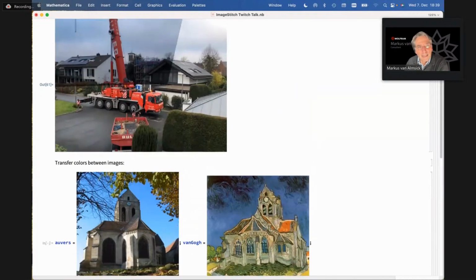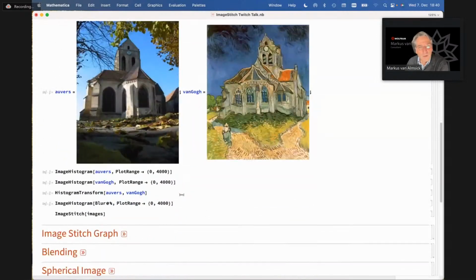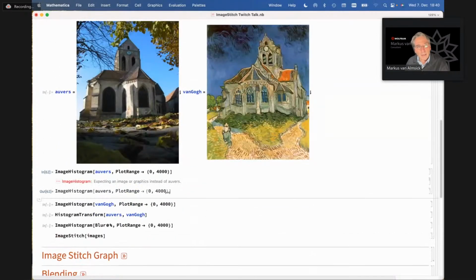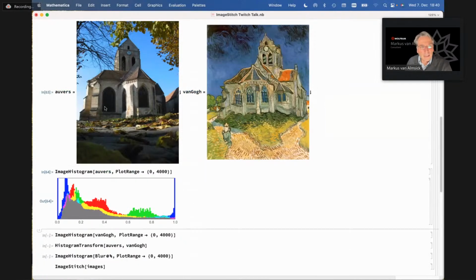So assume that you have these two images here in the overlapping region. One has one histogram and the other has a different histogram. If I plot these histograms, I see here the histogram of the photograph. Unfortunately, it has quite some saturation in the blue channel.